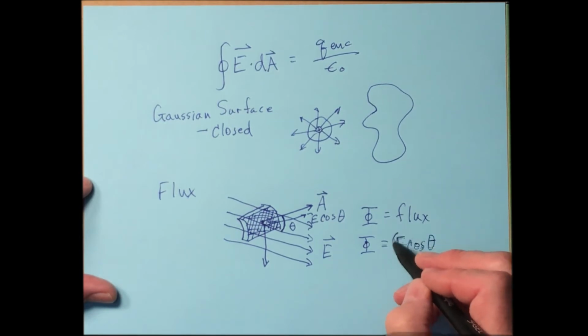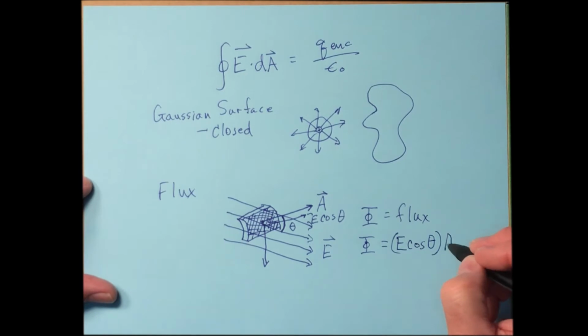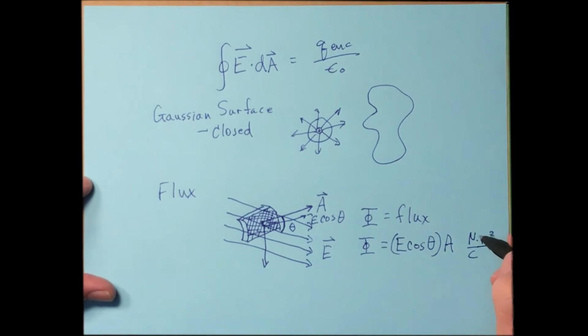That's the component that is parallel to the surface vector multiplied by the surface vector itself. So the units are going to be, let's see, newtons per coulomb. That's the electric field. Cosine theta doesn't have units, so the A is meter squared. So newton meter squared per coulomb is the proper unit for flux then.